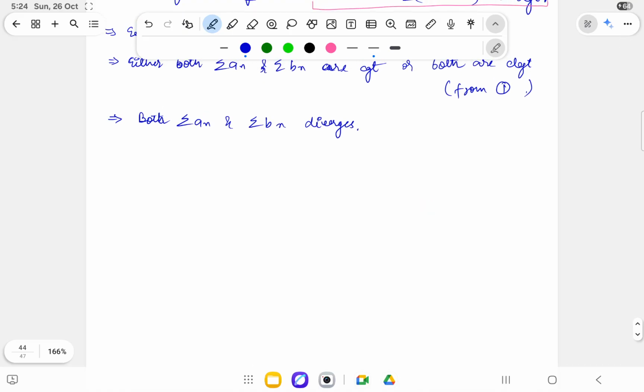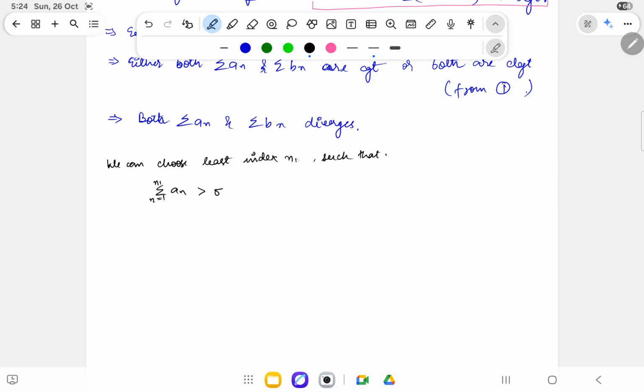Now we'll show that this summation xn can be made to converge to any number sigma. Since an consists of only the positive terms, we can choose a least index n1 such that summation an from n equals 1 to n1 is greater than sigma.